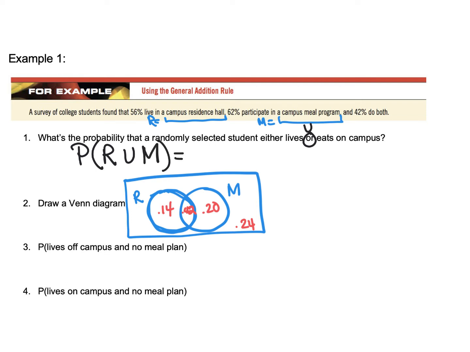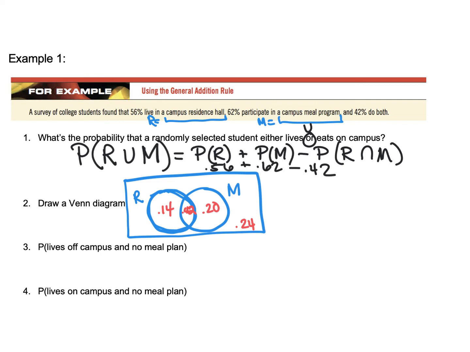So folks, you could use the general addition rule here, which is probability of R plus the probability of M, and then you subtract the overlap of R intersected with M.